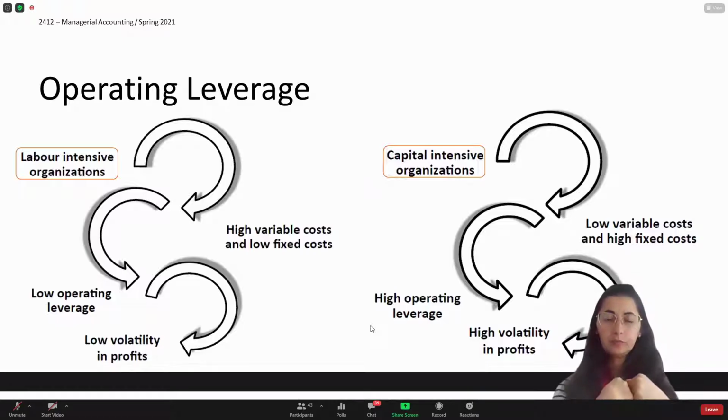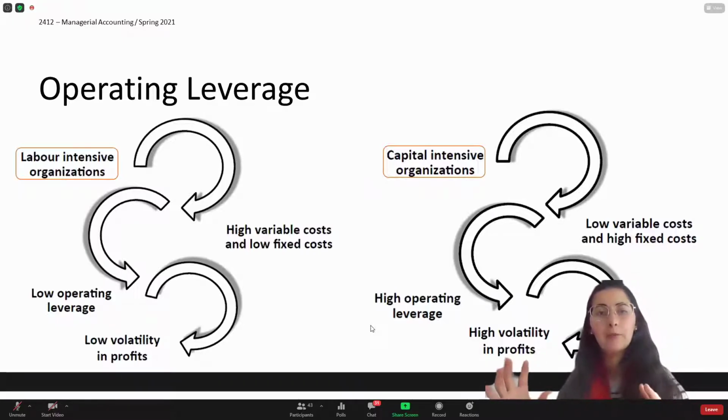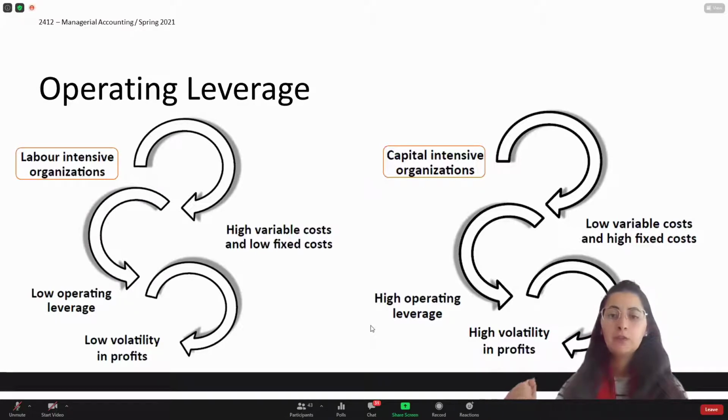Okay? Then we have another type of companies, which are capital-intensive organizations. Capital-intensive, on the contrary of labor-intensive, means that they require a lot of capex, a lot of machinery. There is a lot of machinery involved in the production process.